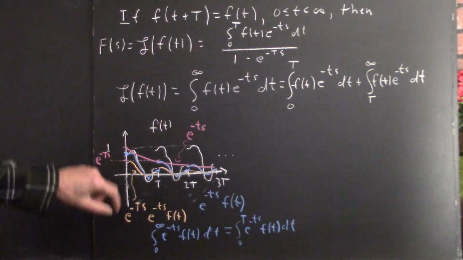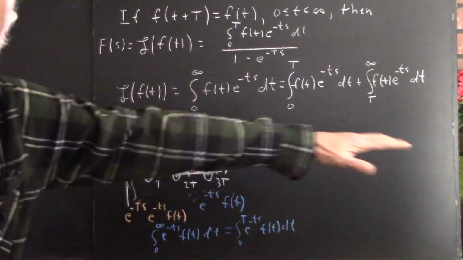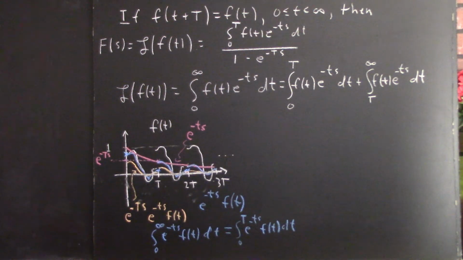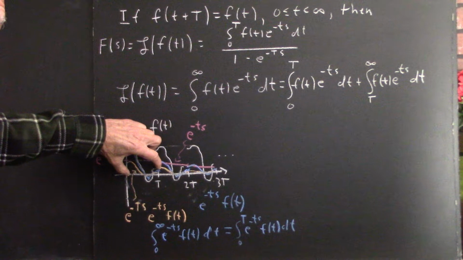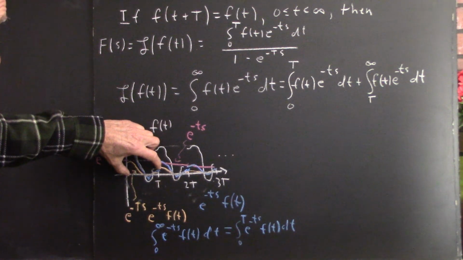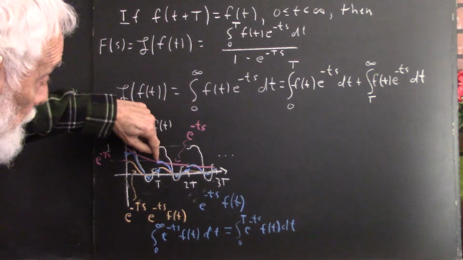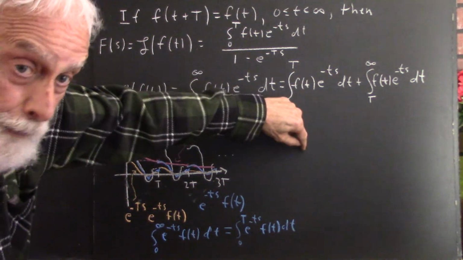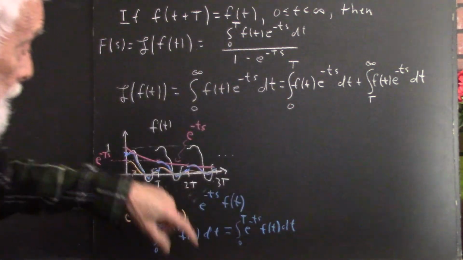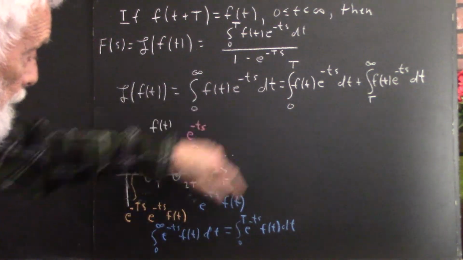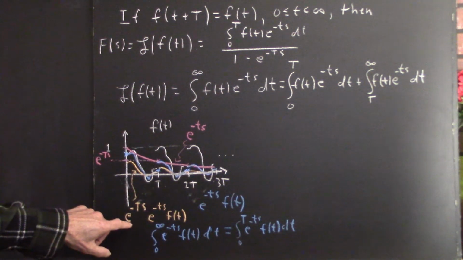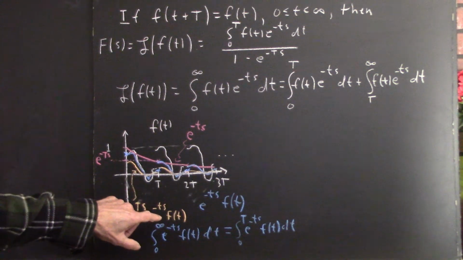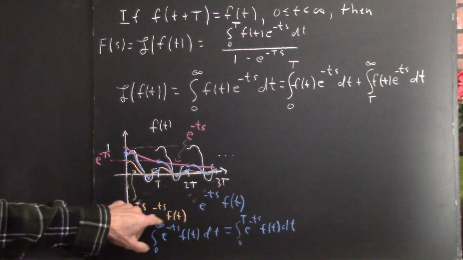That is, the integral of this blue function forever is equal to the integral of the blue function just from 0 to T plus its integral from capital T to infinity. And that integral from capital T to infinity is just the same as the integral of e to the negative capital Ts, this orange function.